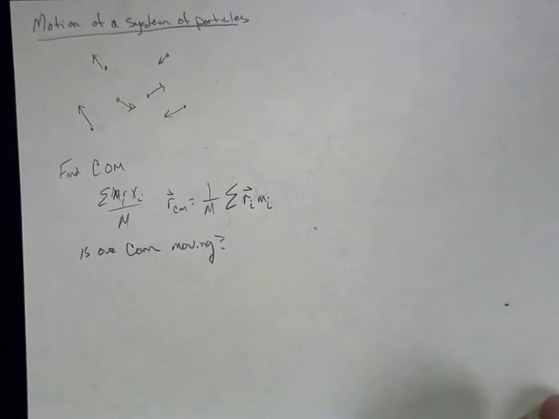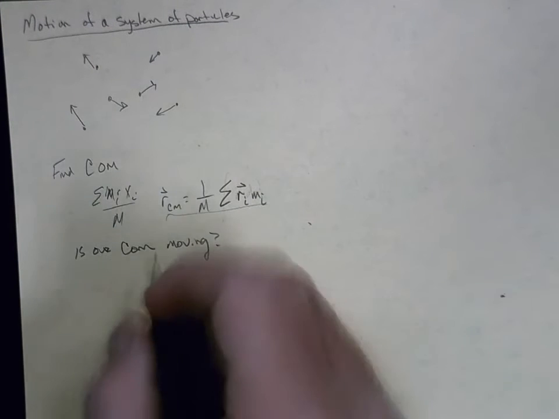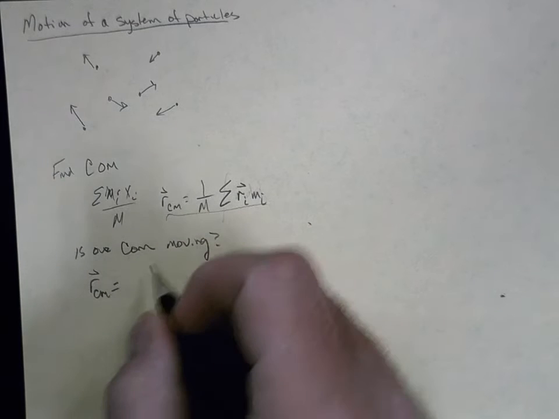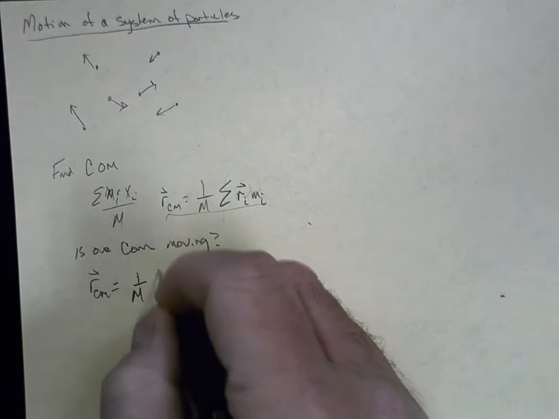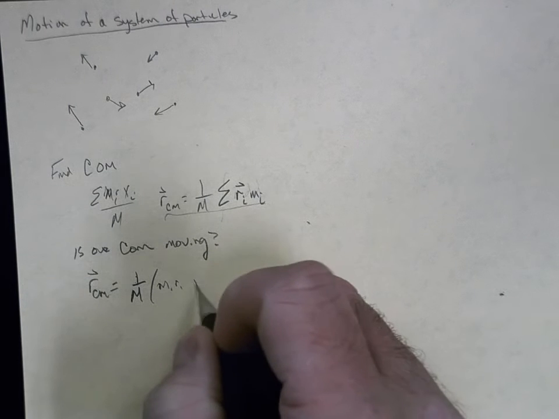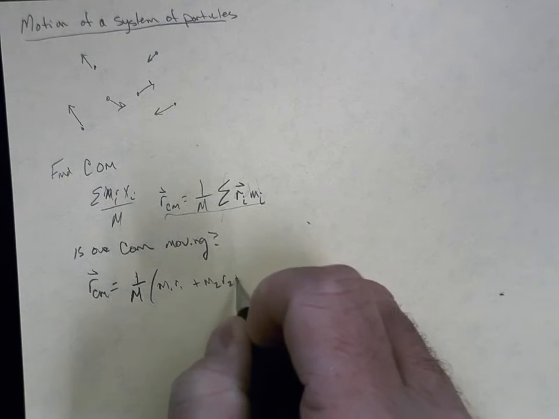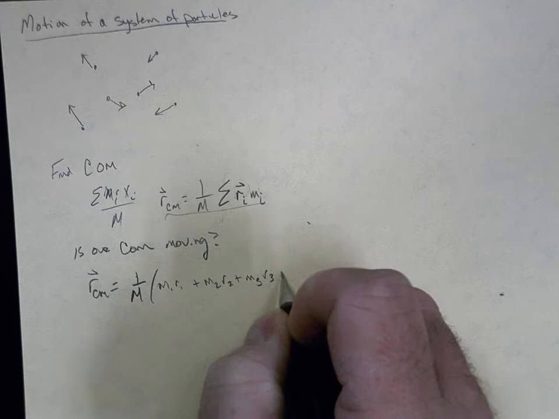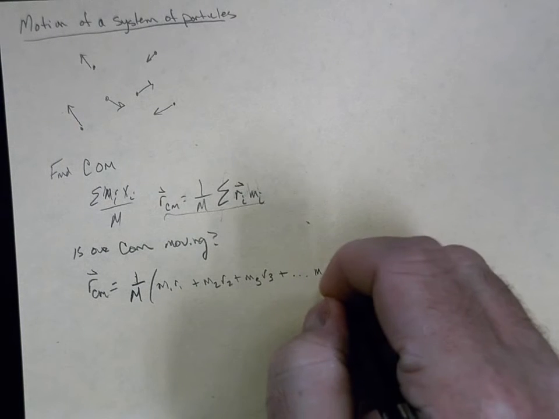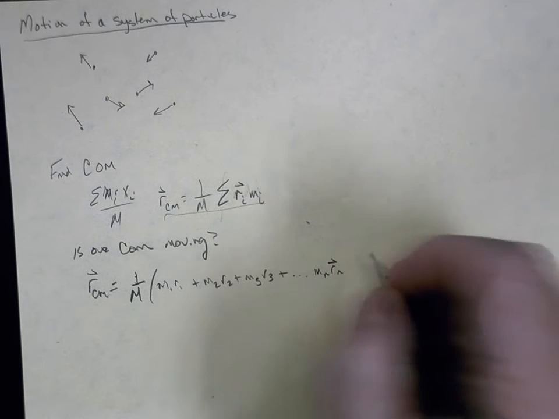So we're going to expand this term a little bit, and we get R_CM is going to equal 1 over big M times m1 r1 plus m2 r2 plus m3 r3 plus dot dot dot. We can go on forever to m_n r_n, however many pieces we have.